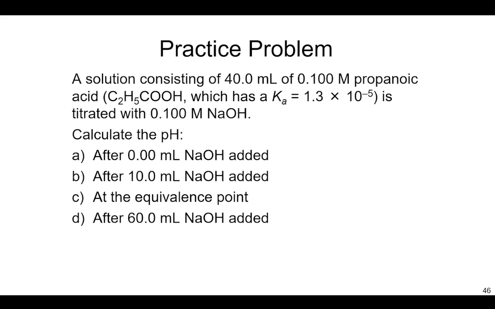Before the titration started, after it started but before equivalence, at the equivalence point, and then finally after the equivalence point. And I think because this video is already going pretty long, maybe I'll just stop the video here and I'll record another video where I solve this in detail, which will probably take 15 minutes or so.